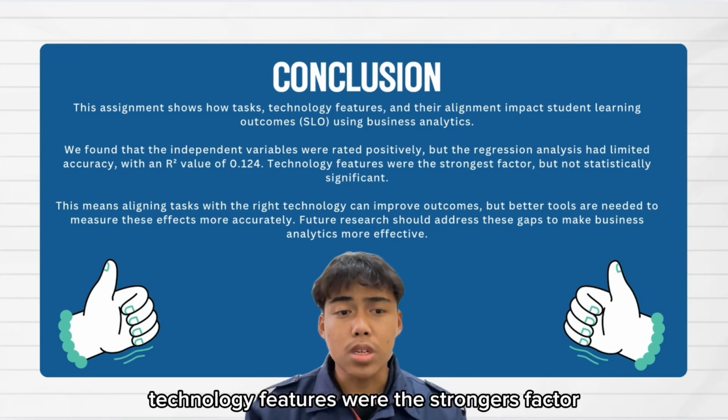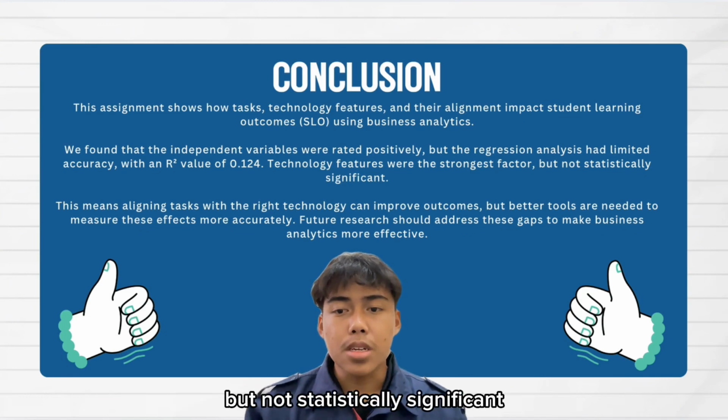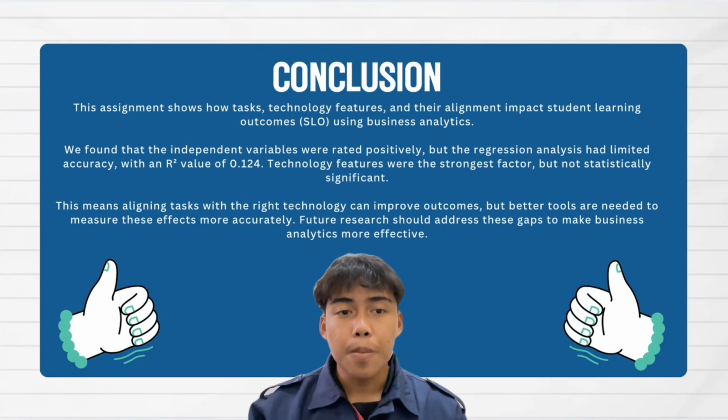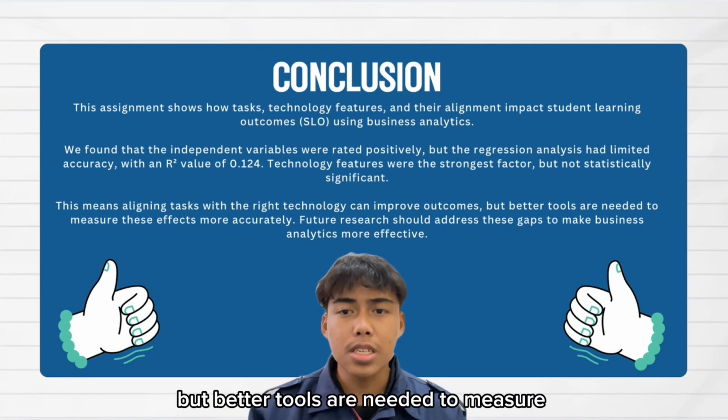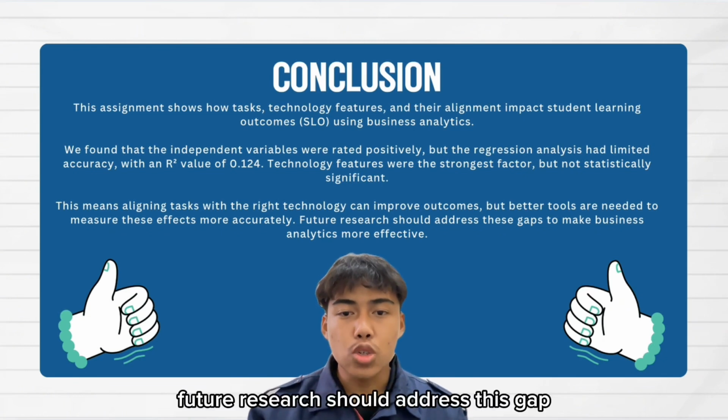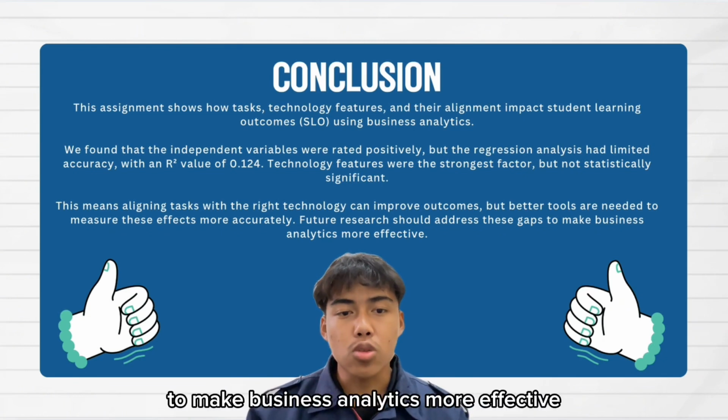Technology features were the stronger factor, but not statistically significant. This means aligning tasks with the right technology can improve outcomes, but better tools are needed to measure this impact more accurately. Future research should address this gap to make business analytics more effective.